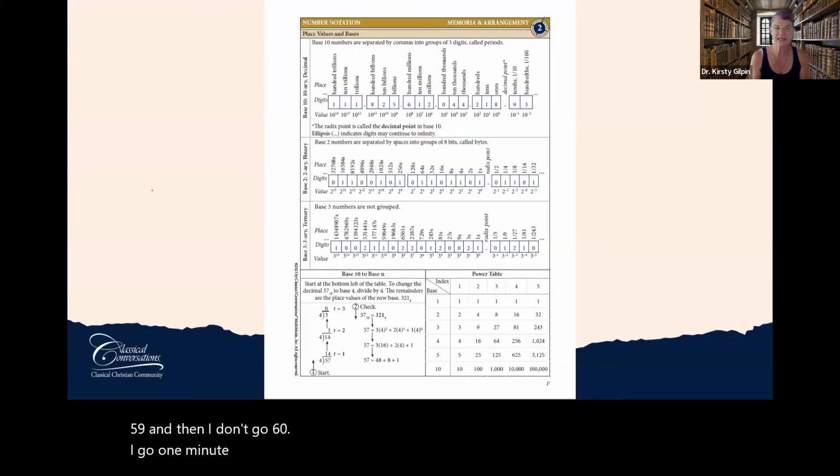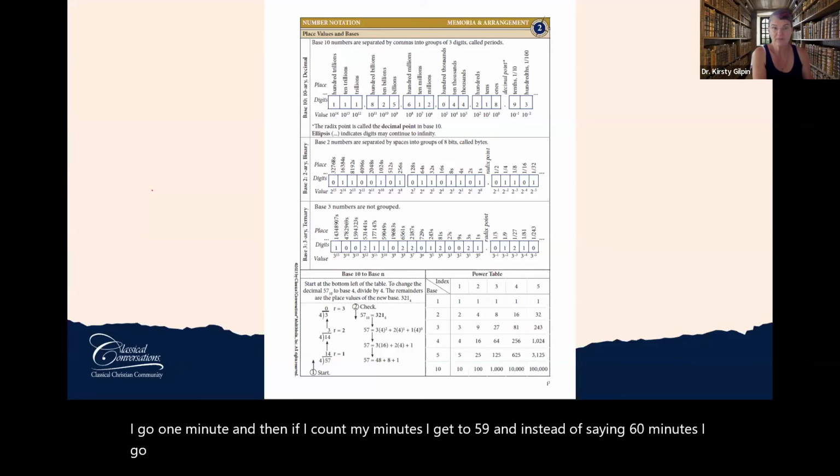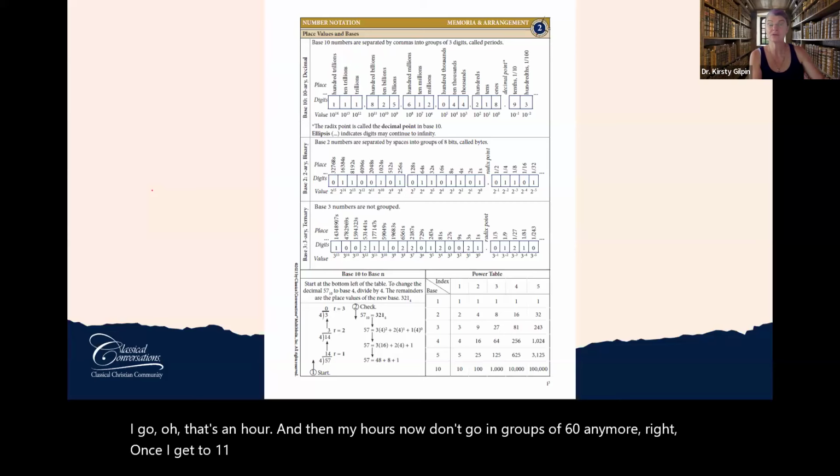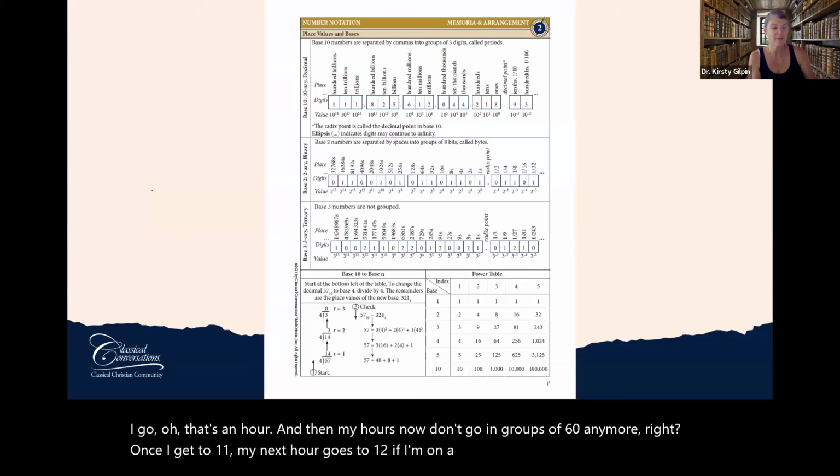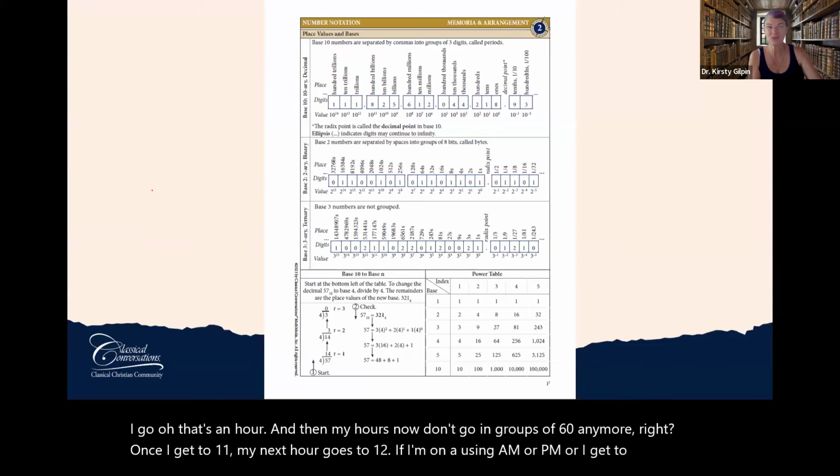Then if I count my minutes, I get to 59, and instead of saying 60 minutes, I go, oh, that's an hour. And then my hours don't go in groups of 60 anymore. Once I get to 11, my next hour goes to 12 if I'm using AM or PM, or I get to 23 and then my next hour is 24, right?